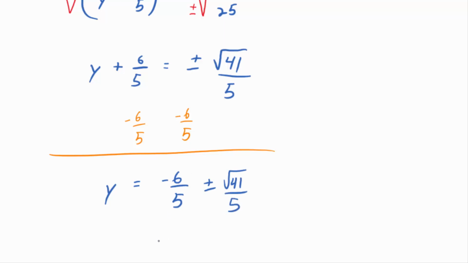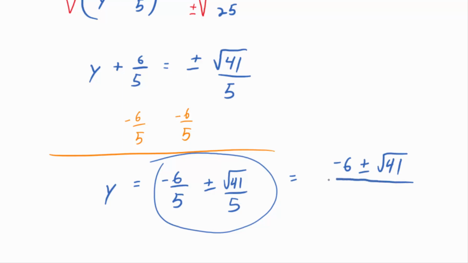And by the way, since you have a common denominator, this answer is fine, but it's also equal to negative 6 plus or minus root 41, the whole thing over 5, because that's how we add and subtract fractions. You combine the numerators over one common denominator. Realize that's two different answers, negative 6 minus root 41 over 5 and negative 6 plus root 41 over 5. Okay?